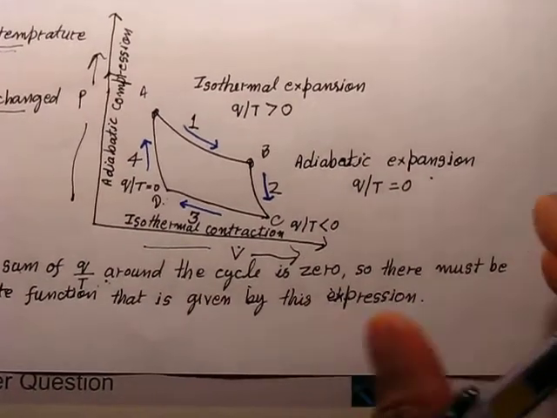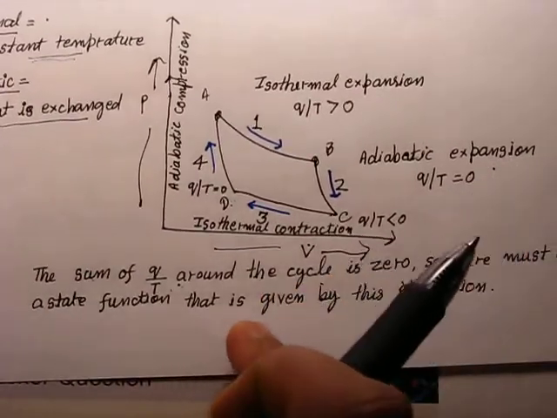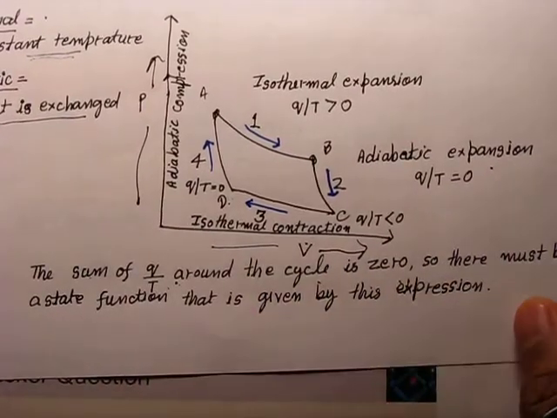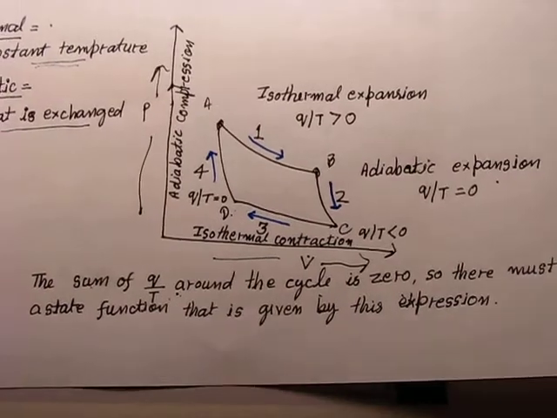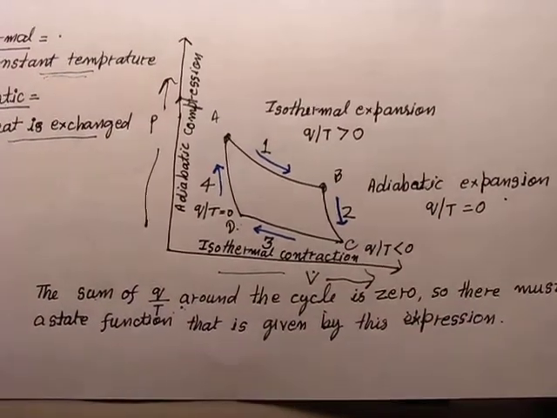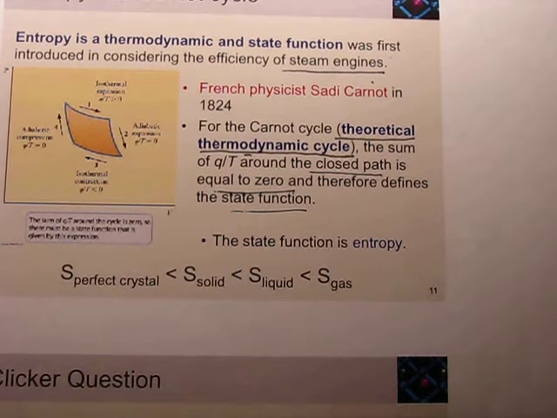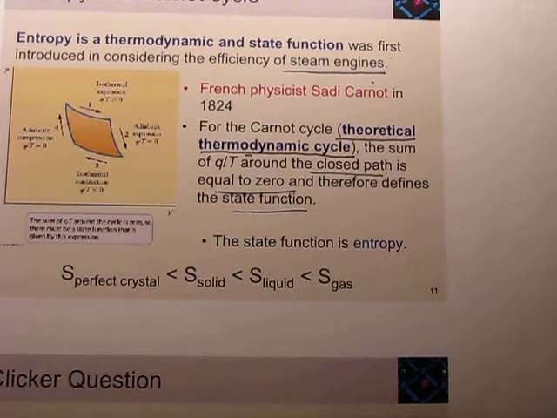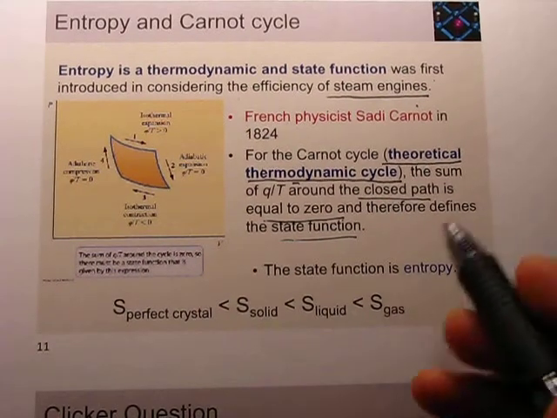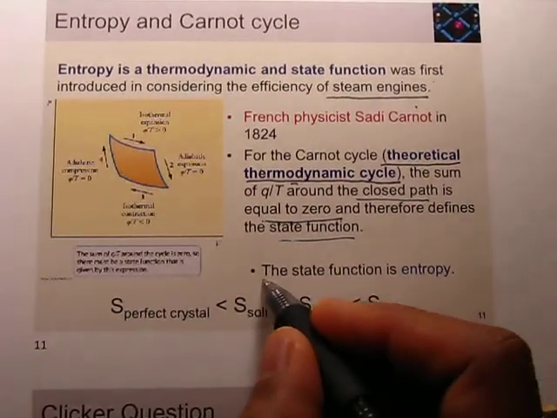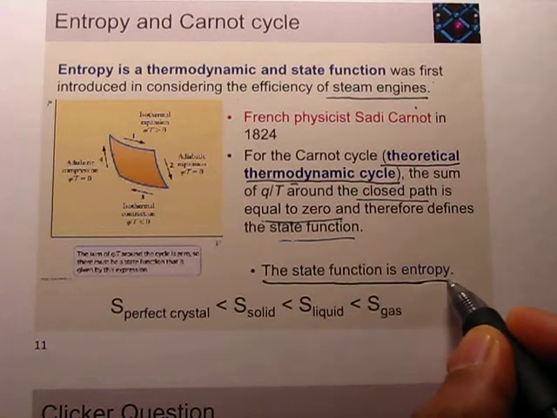So there must be a state function, that is why it is given by this expression. So this was a brief about the Carnot cycle that was used to explain the efficiency of the steam engine, and based on this they said that entropy is a state function.